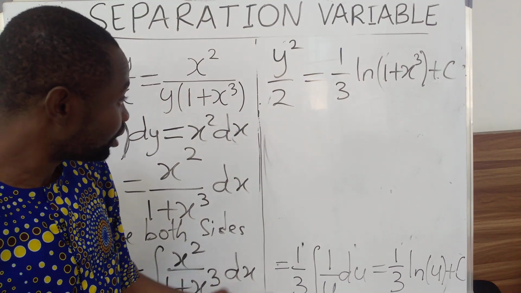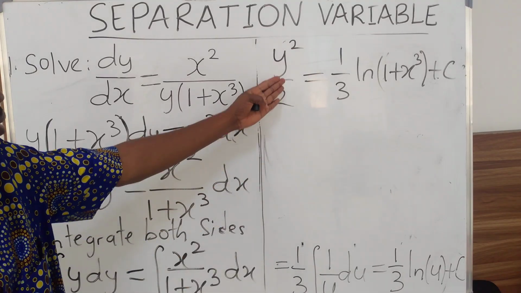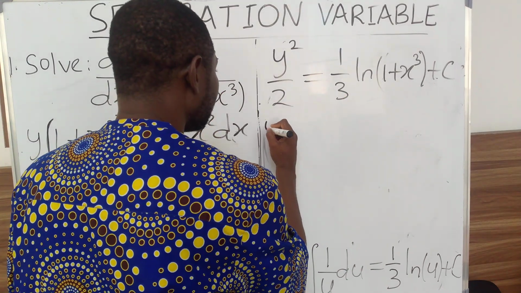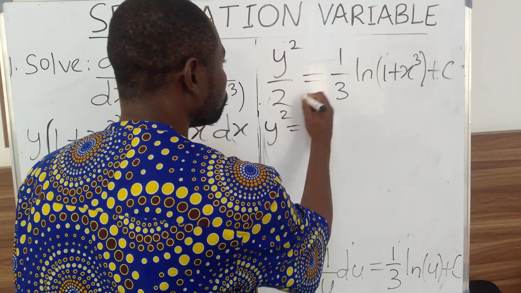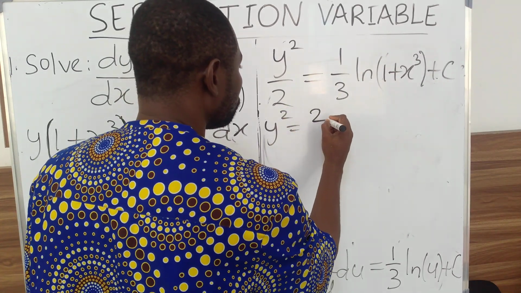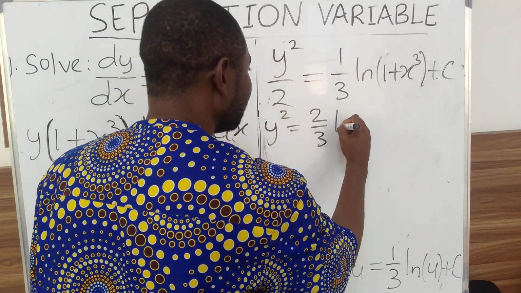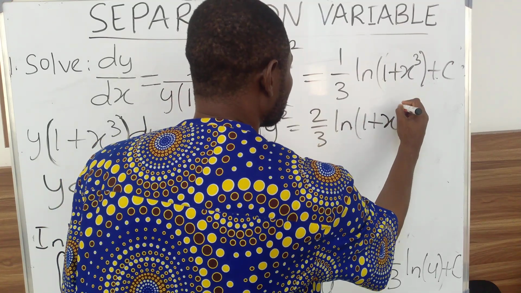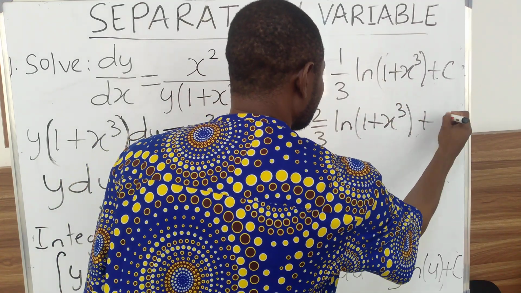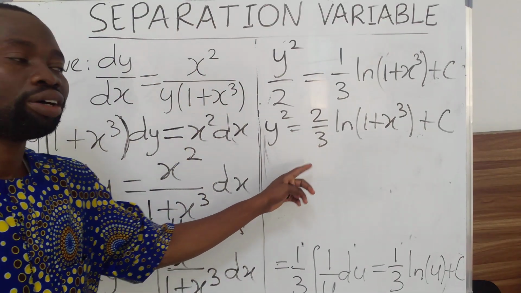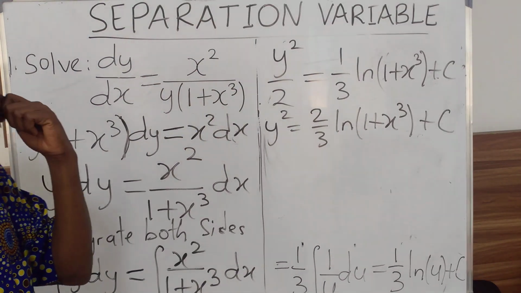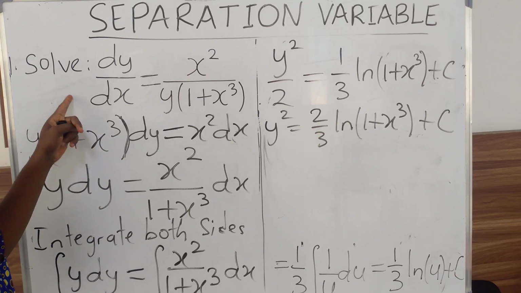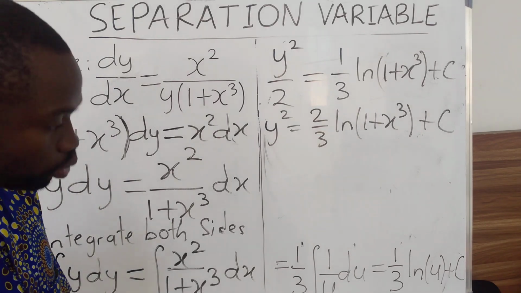So you can see now that y squared is equal to 2 over 3 ln of 1 plus x cubed plus c. So this is the final answer of this question, the solution of this differential equation.